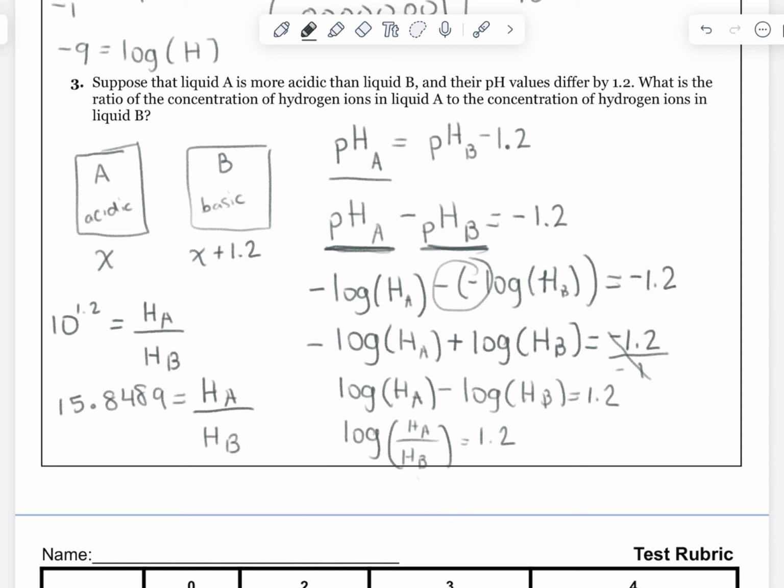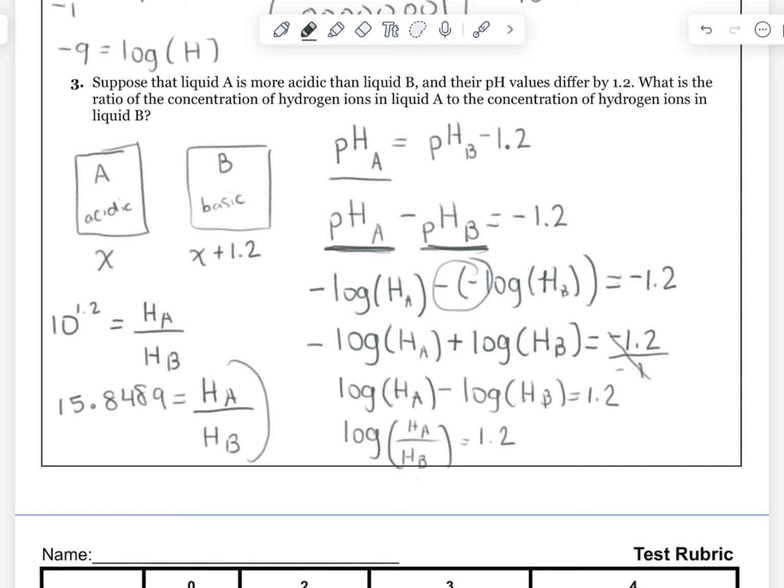Well, isn't that already a ratio? Isn't that what the question was? What is the ratio of the concentration of hydrogen ions in liquid A to the concentration of hydrogen ions in liquid B? It's approximately 15.8.